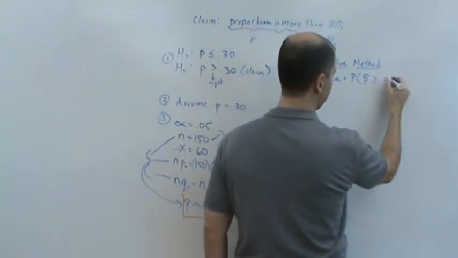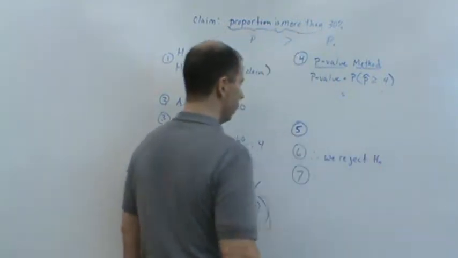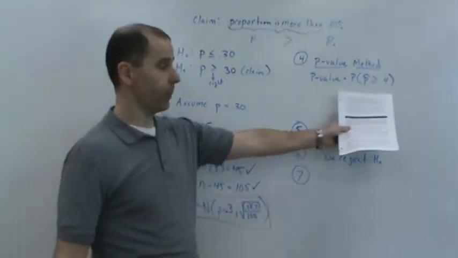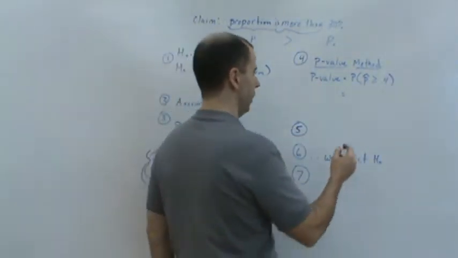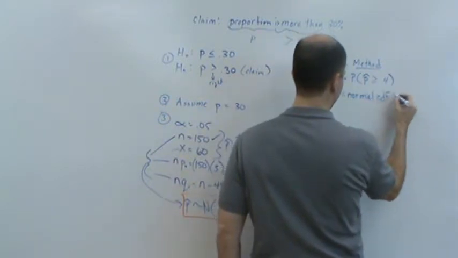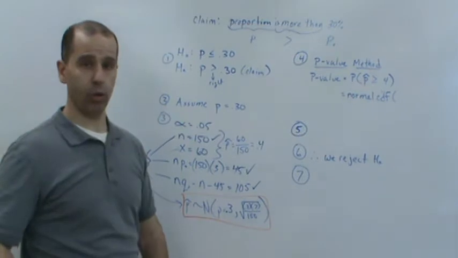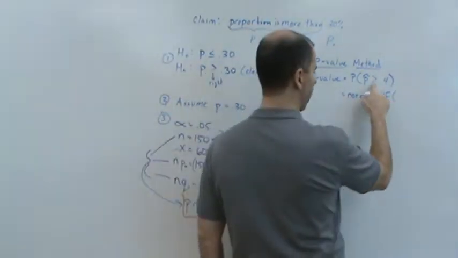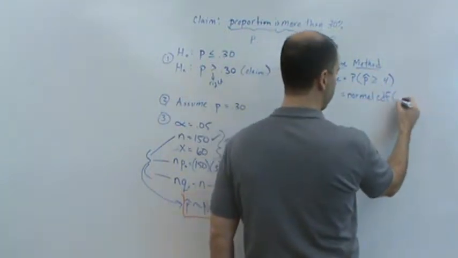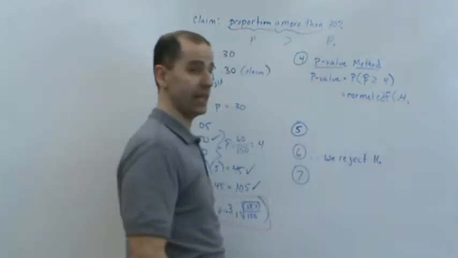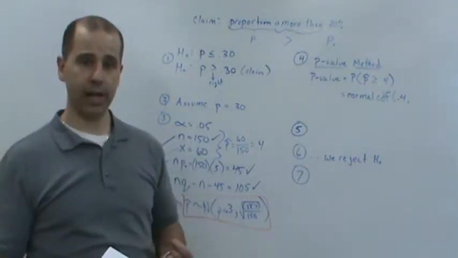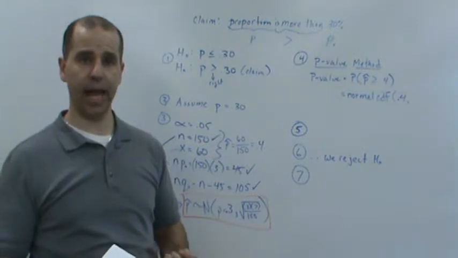Okay. Now, how am I going to get this? Since it's a normal distribution, I'm going to use normal CDF, right? Now, I just have to know what the lower bound is. What's the lower bound for greater than or equal to? Well, it's whatever this value is, because this is the least it could be. So it's going to be 0.4. Now, what's the upper bound? We're talking about proportions, right? Think percentages. What's the largest percentage that you can have of something?